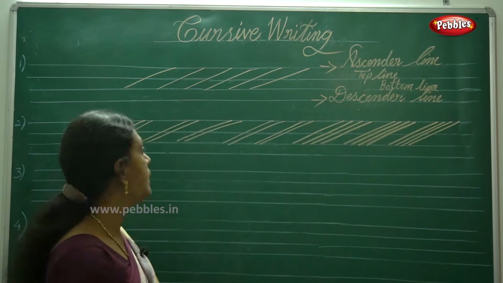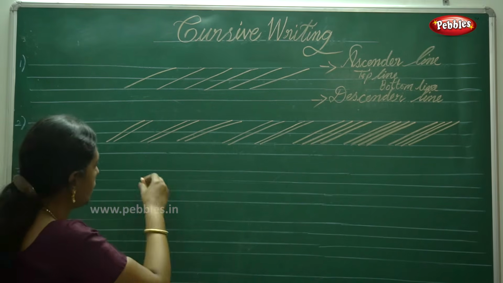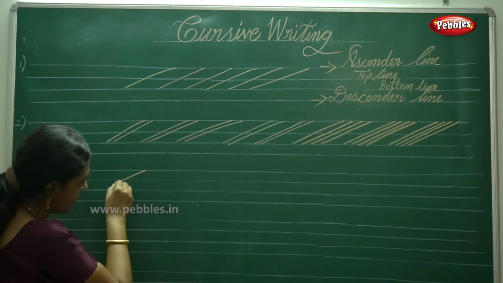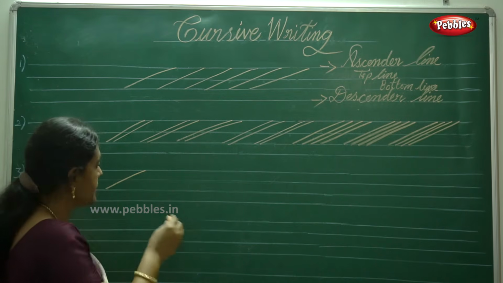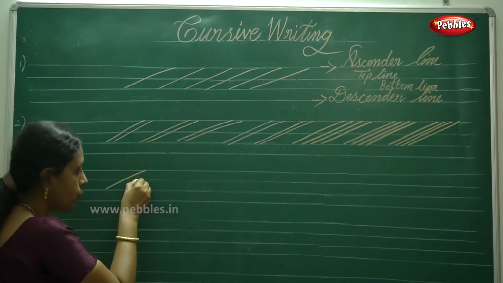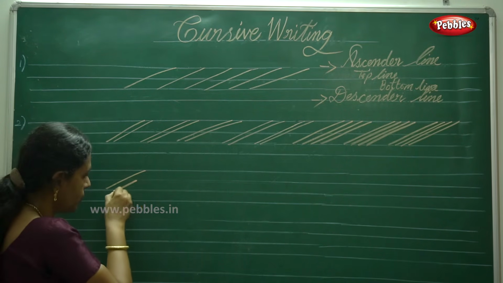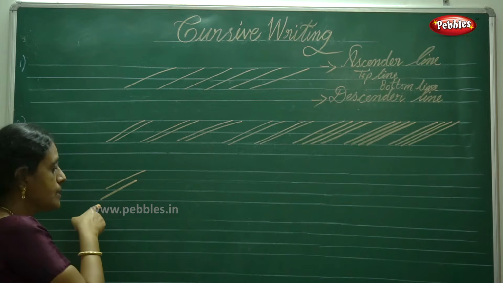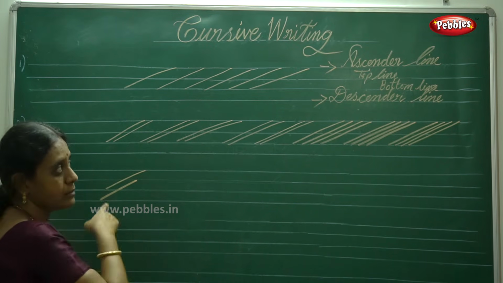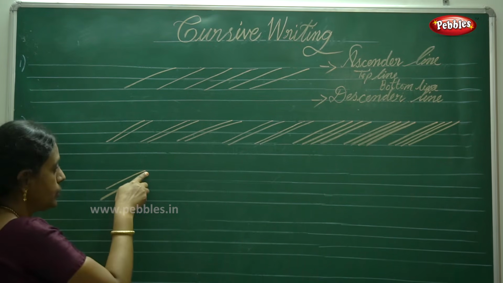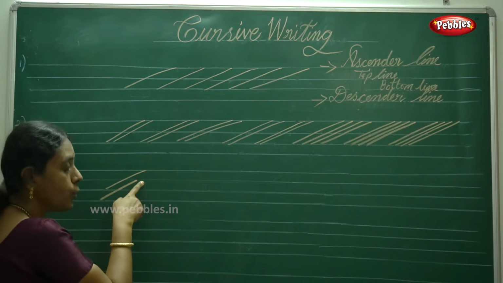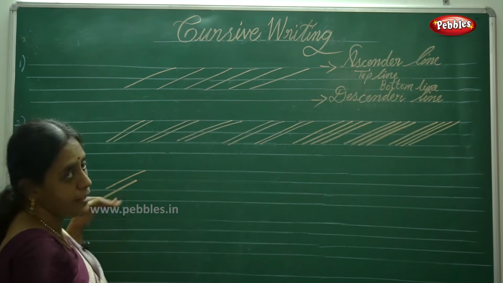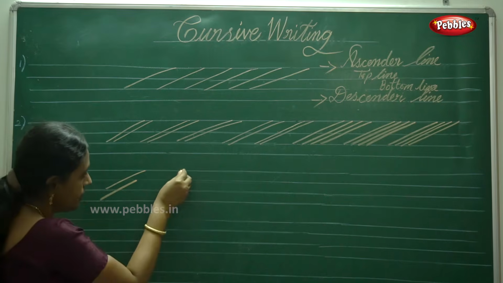Understand? Then next to ascender to bottom, draw 1 line, and then the second line should be from the top line to, which one is this? It is named the descender line. So ascender to bottom, then top to descender, alternately.